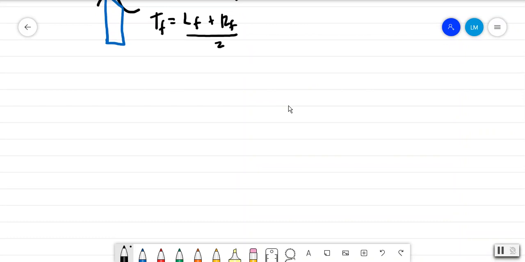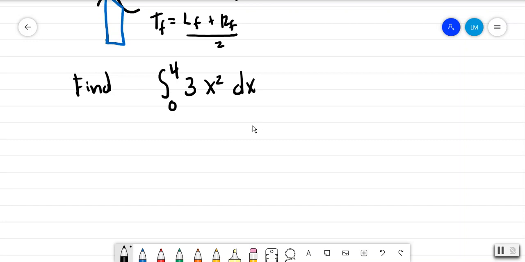Now, what I want to look at though is, for example, let's say that we want to find the integral from 0 to 4 of 3x squared dx.